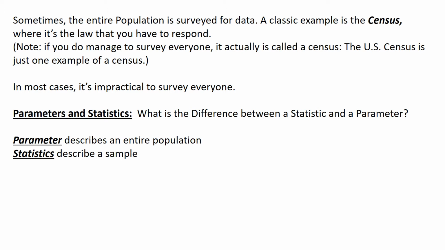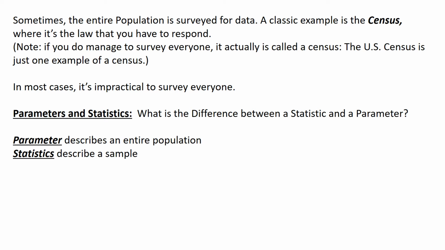We do it every 10 years because there are 330 million people now in the United States. That takes a lot of time to not only get the information out, but get it back and categorized. If I did a census of Berry College, I would get data from all 1,800 students at Berry College.